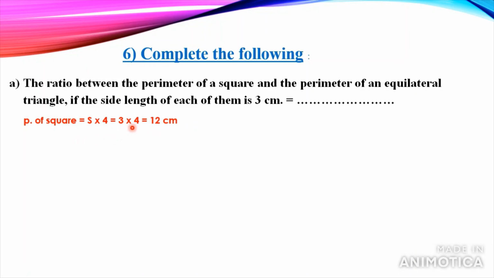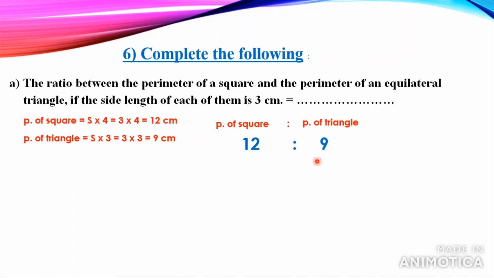First, the perimeter of the square, I know, is side times 4. The side is 3, so 3 times 4 equals 12 centimeters. The perimeter of the equilateral triangle equals side times 3, which is 3 times 3 equals 9 centimeters. Now I can find the ratio, and please keep the order: perimeter of square to perimeter of triangle.